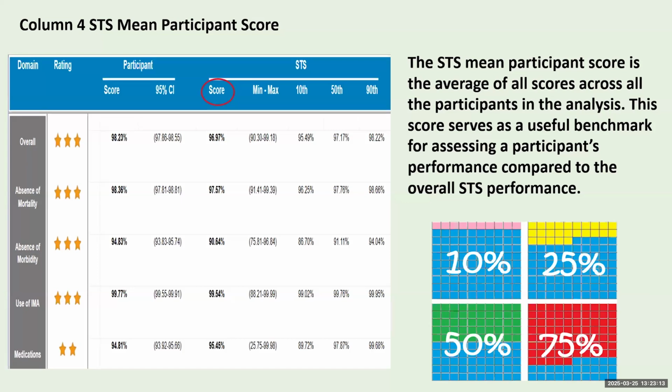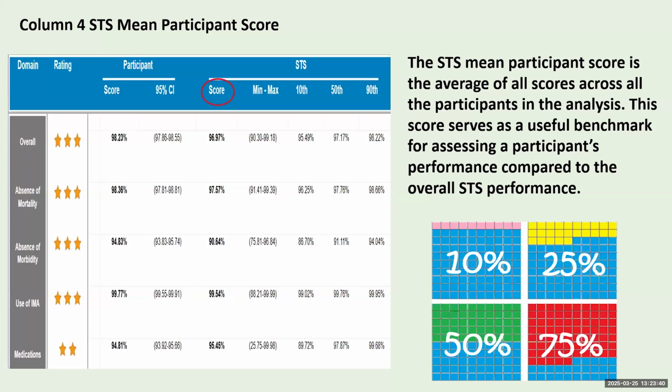And then when we look at the STS score of 95.45, you have to see if that 95.45 falls within your confidence interval. If it does fall within that, now remember we said that we're making an assessment or an assumption through risk model analysis.